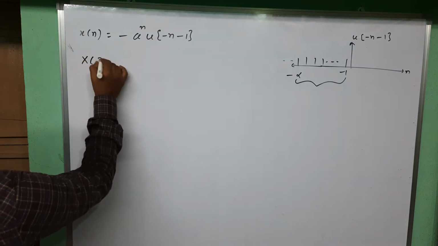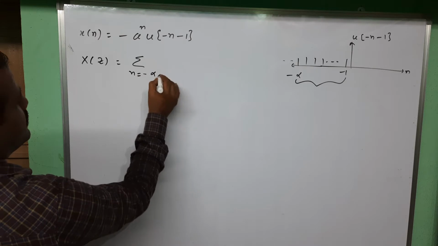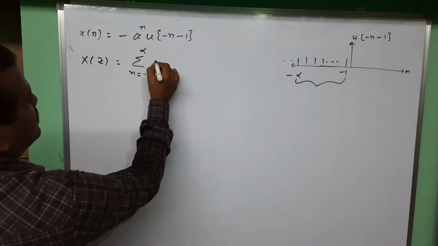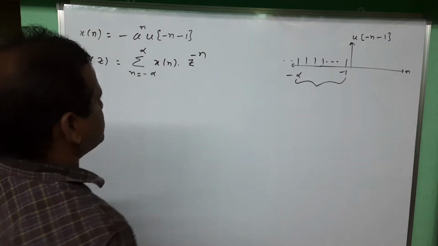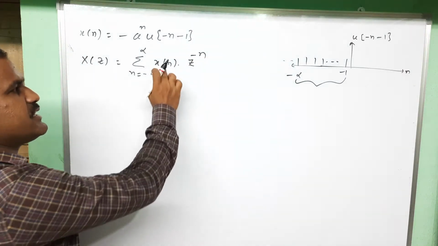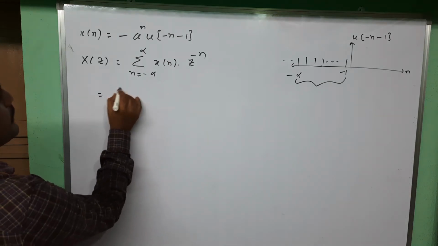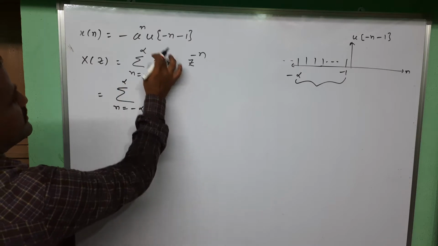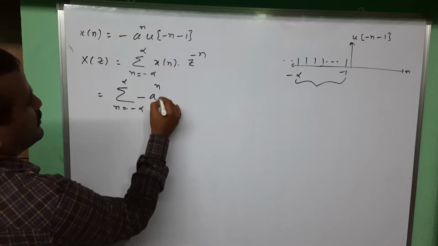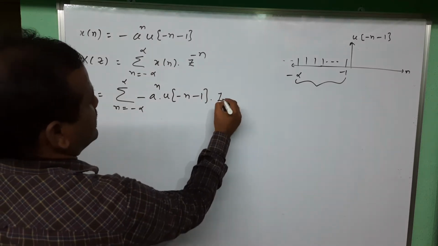Here the z transform of x of n is given by the formula X of z equals the sum over n from minus infinity to plus infinity of x of n multiplied by z raised to minus n. Let us consider x of n equal to this signal, minus a to the power of n u of minus n minus 1, and z raised to minus n.